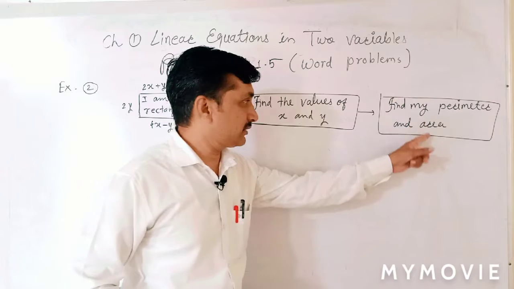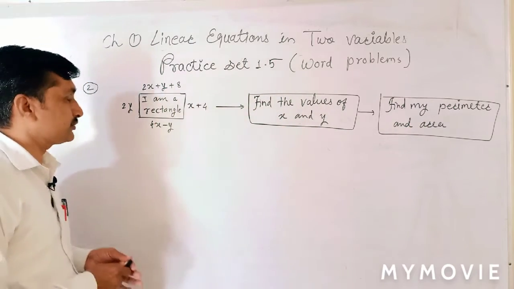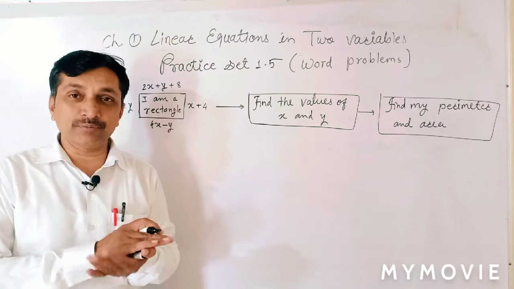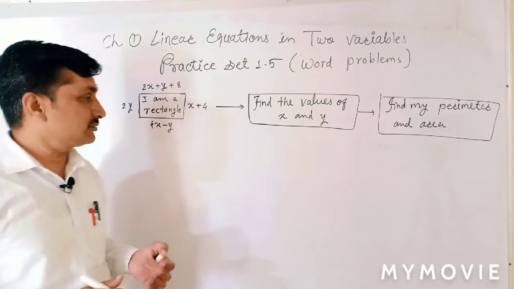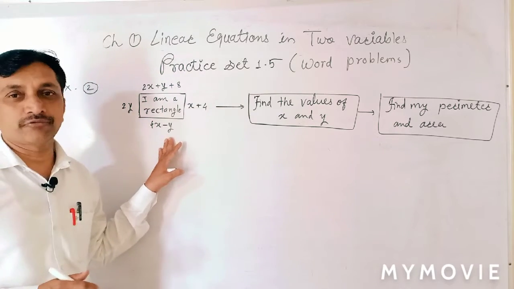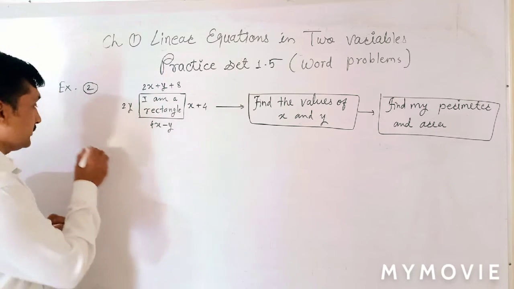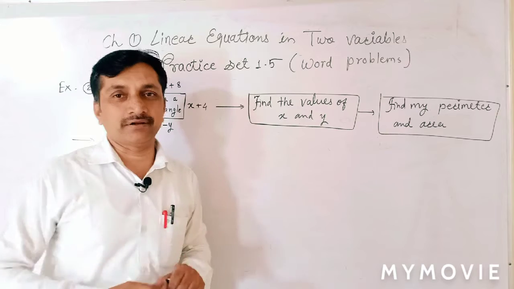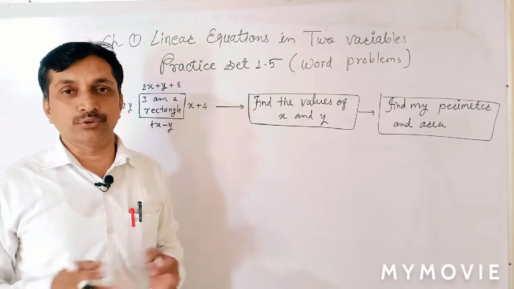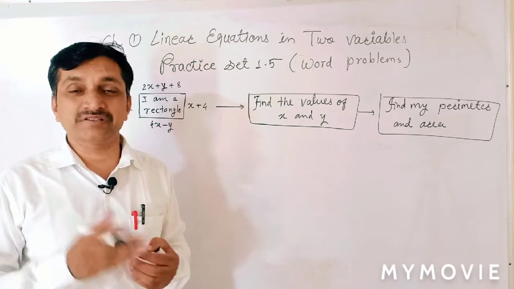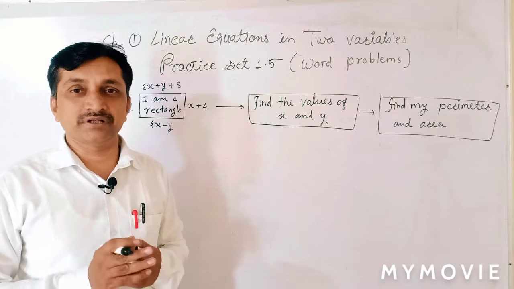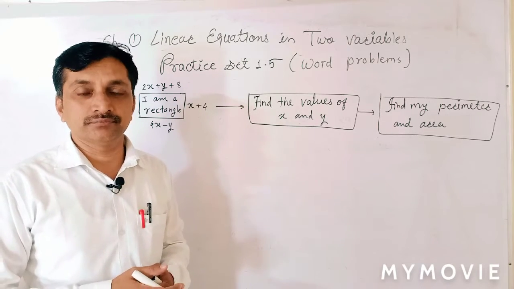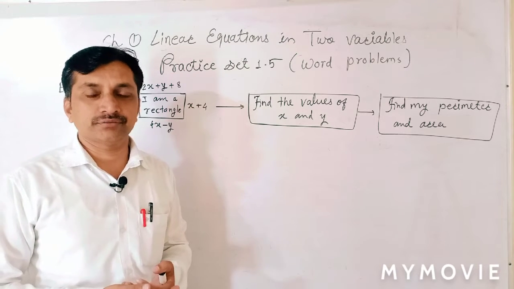Before finding perimeter and area, we have to find the x and y values. Though the example is a word problem, the condition is given directly in the form of a figure. Here we have to use the property of the sides of a rectangle. The property is that opposite sides of a rectangle are equal or congruent.